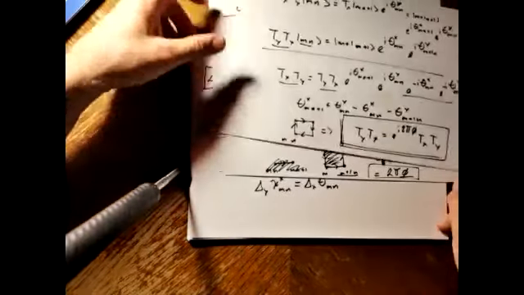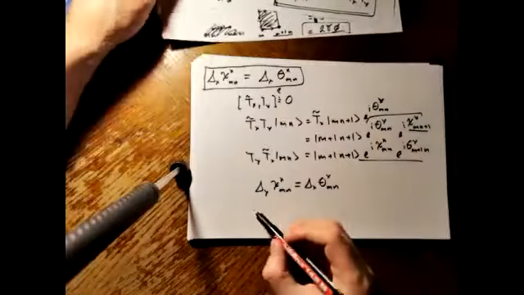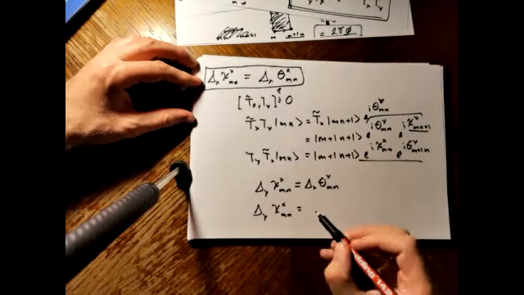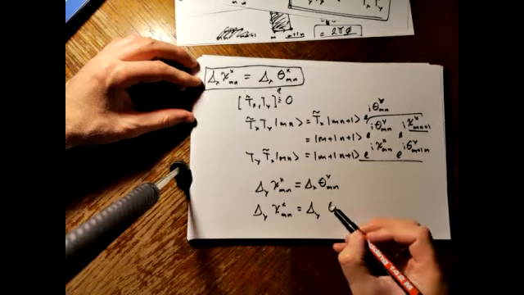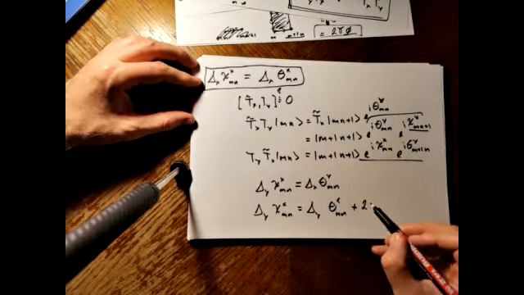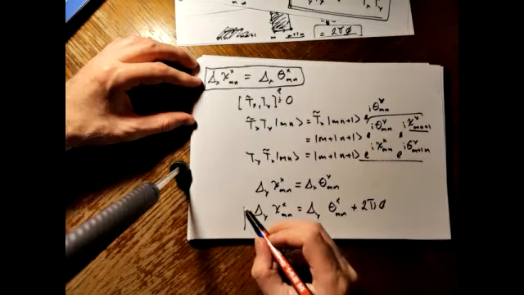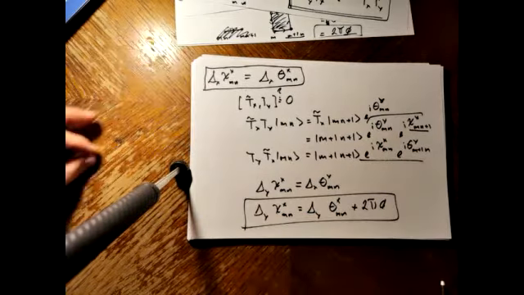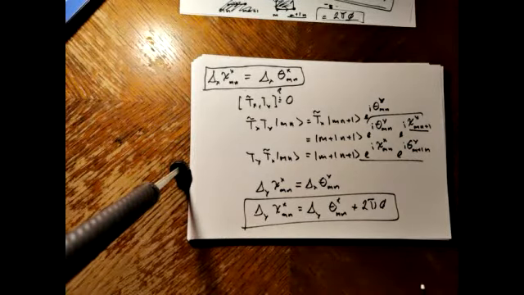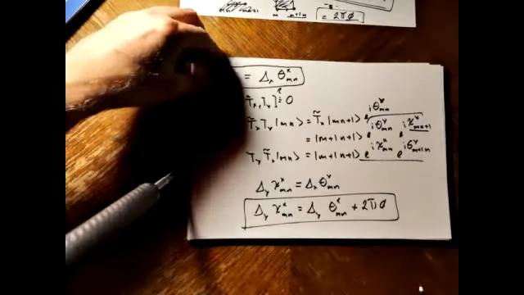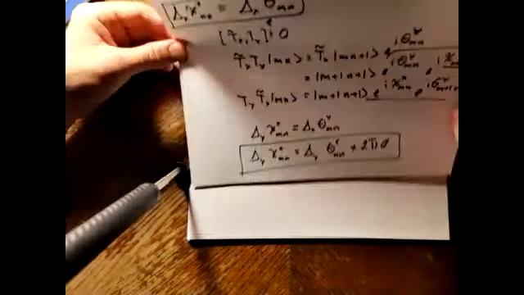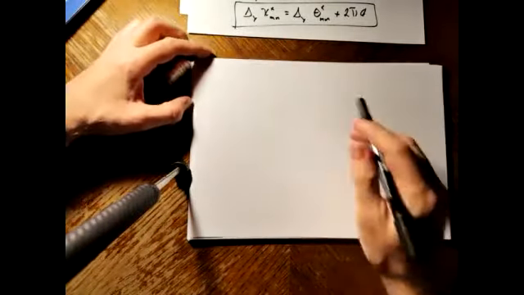So I can also write Δy χx(m,n) as Δy θx(m,n) plus 2π times φ. This would be our second lattice differential equation, which relates θ and the lattice function χx. I'm not going to do all four because it's a rather simple exercise, but I'm going to write you now the four equations that you get.